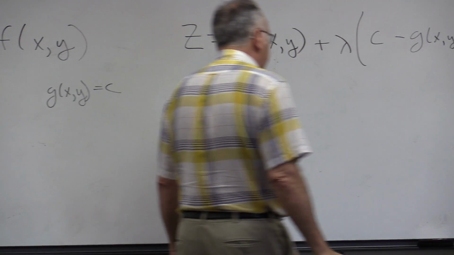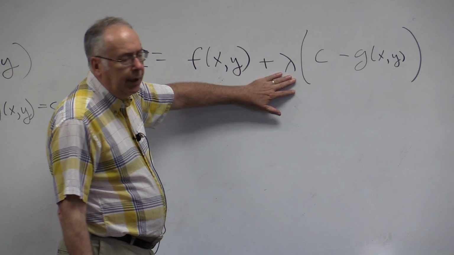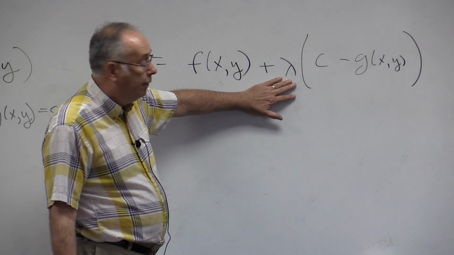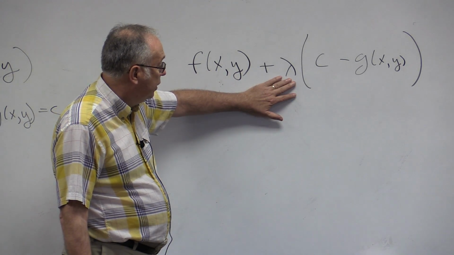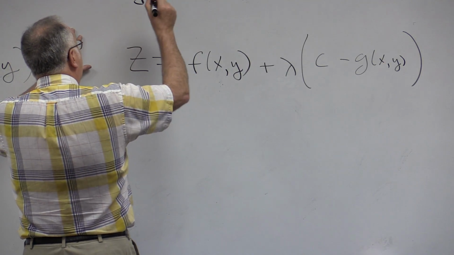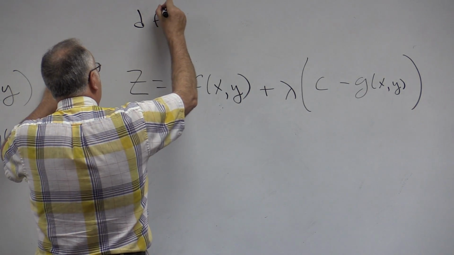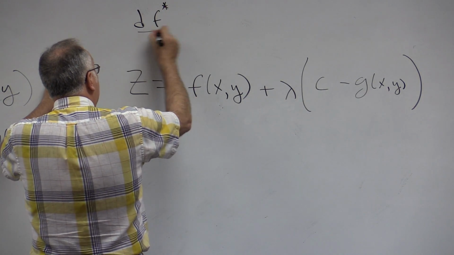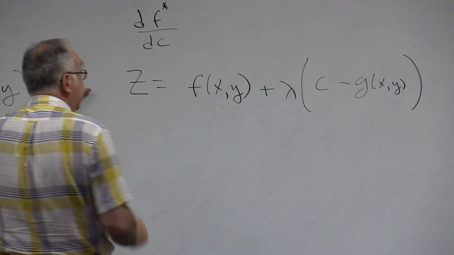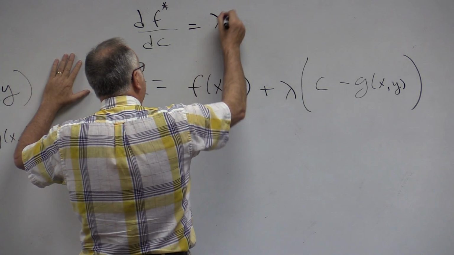And I told you that the interpretation of lambda, actually lambda star, the optimal value of lambda when you satisfy the first order conditions, is just this. The derivative of f star, the optimal value of f with respect to a constant. That is what the interpretation of lambda star is.